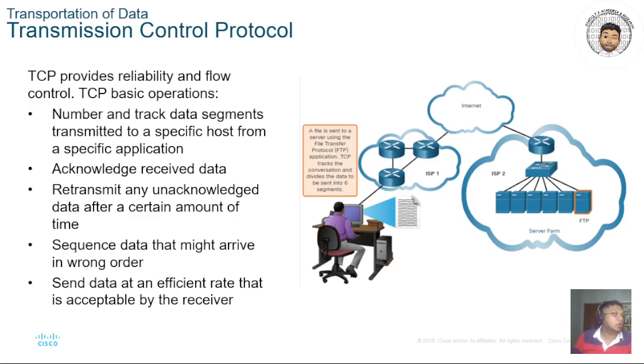When you send the data, it can be sent at an efficient rate and one acceptable to the receiver, because it waits for the acknowledgement. For example, when a delivery guy wants to send a parcel to you, he calls you first to ask whether you are at home or not, then passes it to you, gets a response, and the process is done.